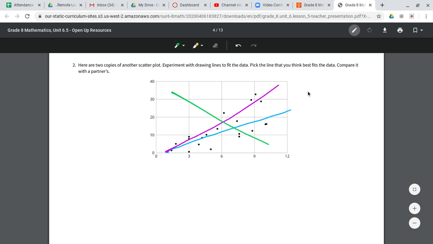Our line should go up and to the right. We also want it to try and be as close to through the middle of the points as possible. Obviously, that's difficult. So we want to get these points as close as possible to this line as we're doing it, though. That's the key thing with these trend lines or lines of best fit.